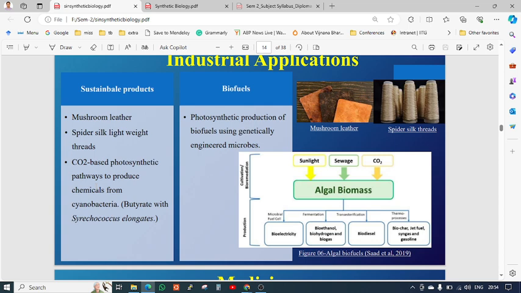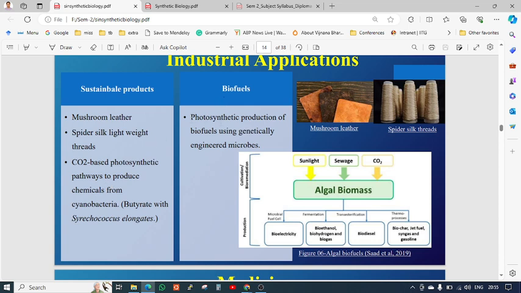Due to synthetic biology, we utilize some kinds of bacteria or microorganisms that can capture this CO2 from the atmosphere and convert it to oxygen. That is very helpful, but this is not on a large scale. We may utilize it in the future.